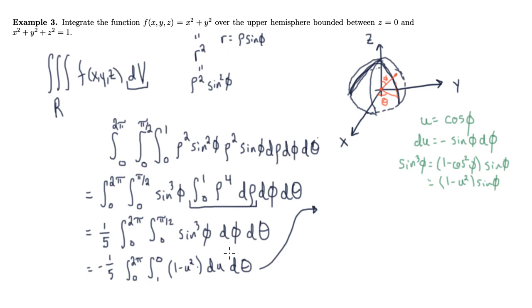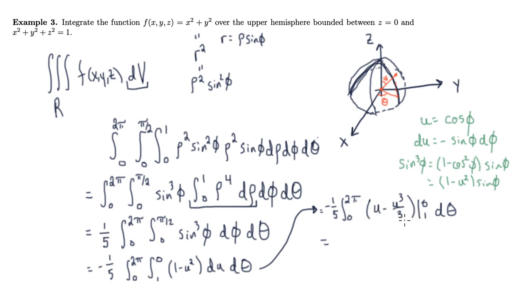So this 1 minus u squared becomes u minus u cubed over 3, evaluated from 1 to 0, which is, okay, so I'm going to evaluate at 0 and get 0, and I'm going to subtract. So I'm going to have 1/3 minus 1, because I'm going to have a minus quantity 1 minus 1/3.